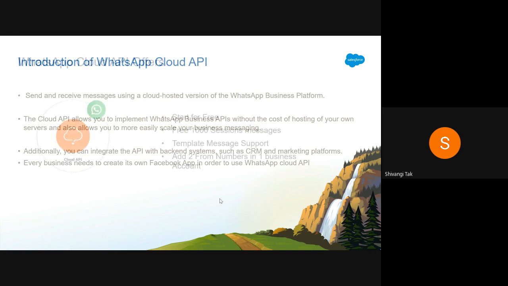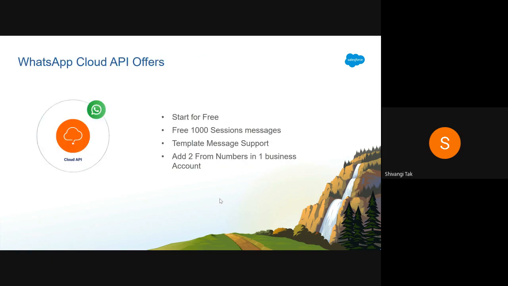Next is what WhatsApp Cloud API offers, what Meta is providing us. First, you start free with 1,000 session messages, and we also receive all the messages in Meta. Then we can go to a production live server, with template message support and single SMS send support, and we can add two from numbers in one business account.